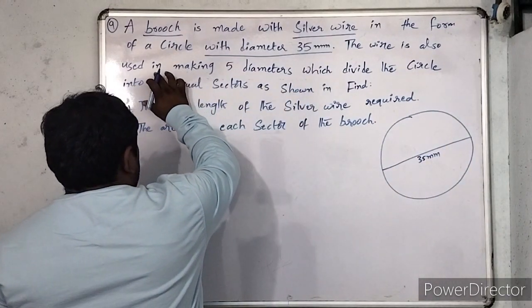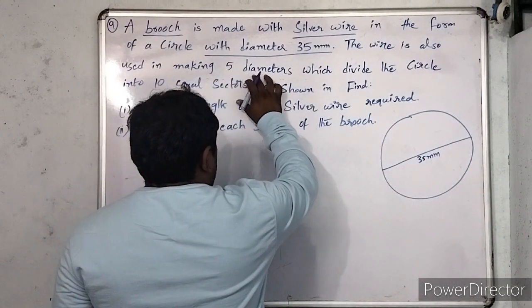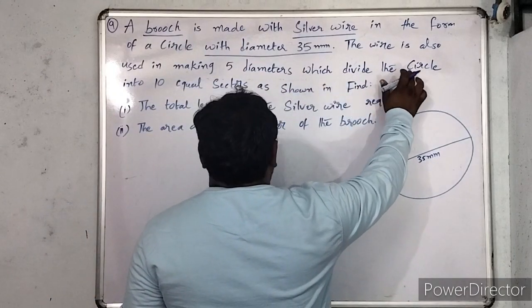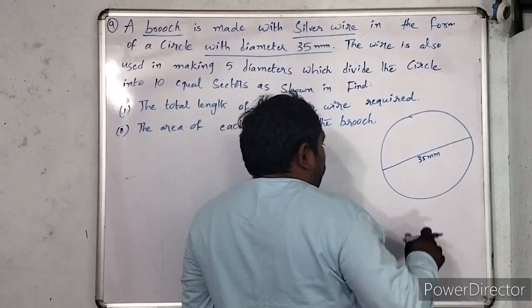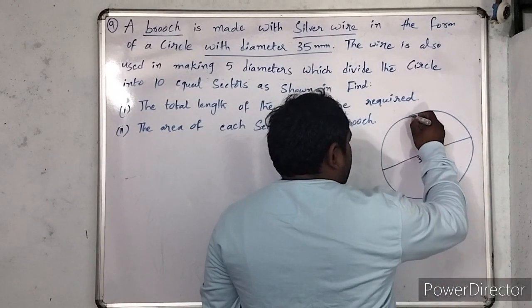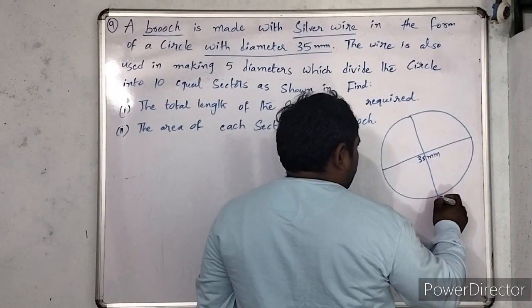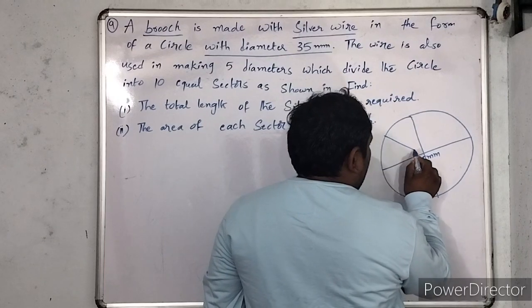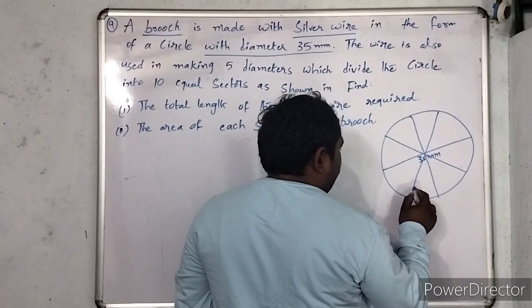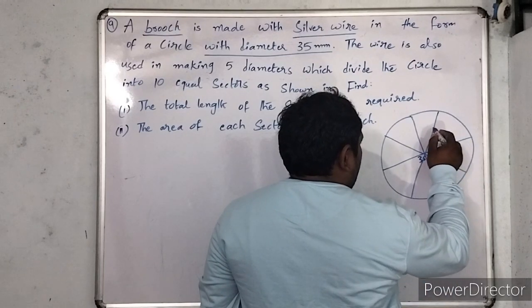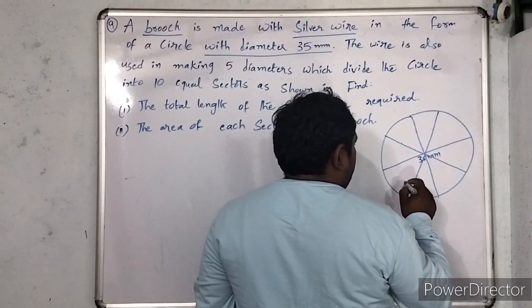And the wire is also used in the making of 5 diameters, which divide the circle into 10 equal sectors. The silver wire also divides the circle into 10 equal sectors by 5 diameters. 1, 2, 3, 4, 5, 6, 7, 8.